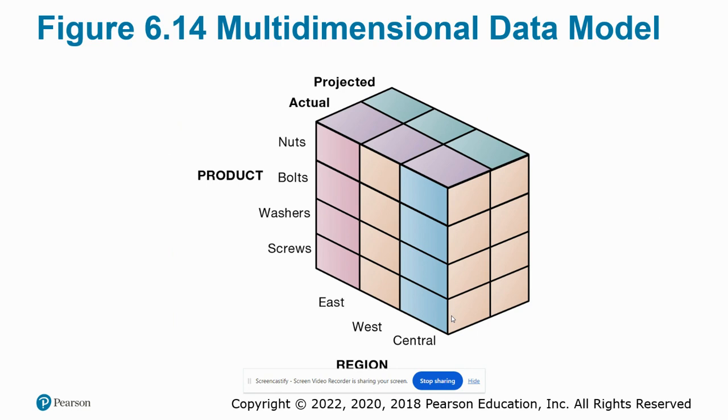This graphic illustrates the concept of dimensions as it relates to data. Product is one dimension. East is a dimension, and projected and actual sales are two more dimensions. Altogether, we are trying to analyze four dimensions. The business question is, in the Eastern region, what are the actual and projected sales of our products, or nuts, bolts, washers, and screws?